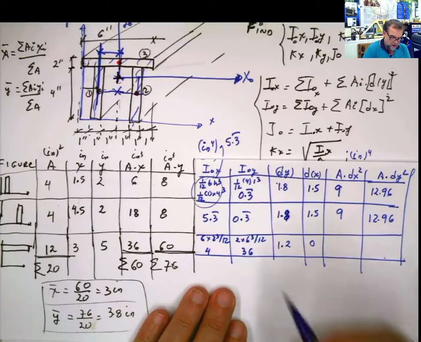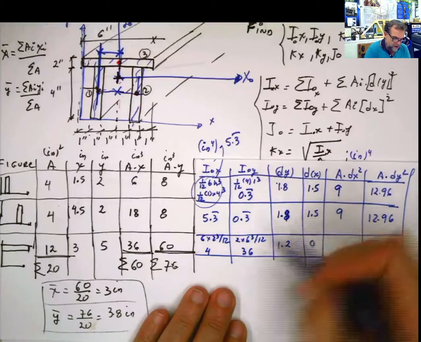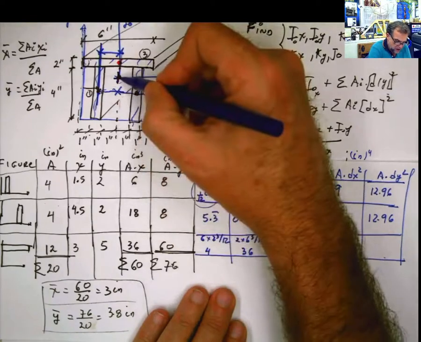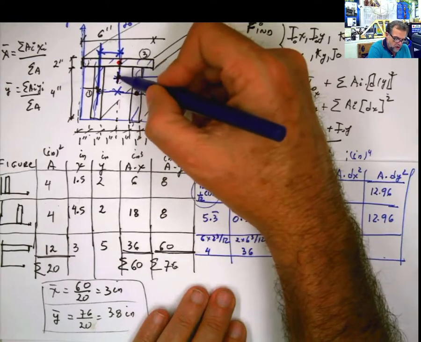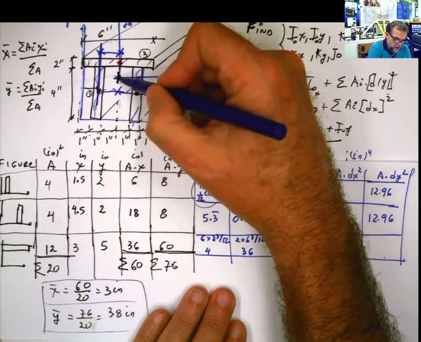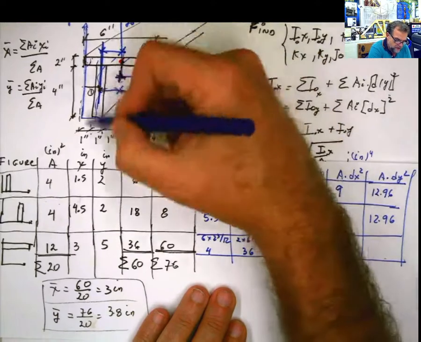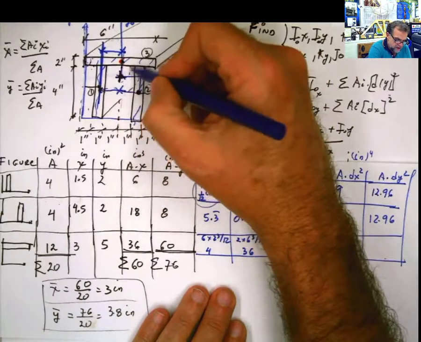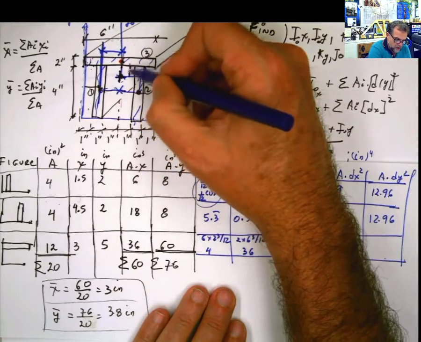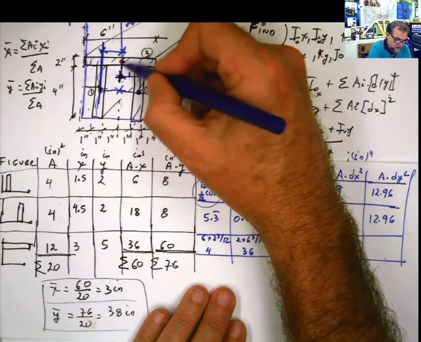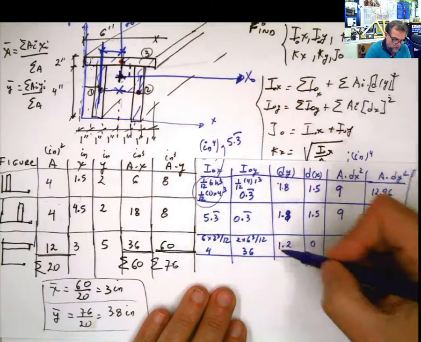Look, distance in y is the distance between the centroid of the composite figure and the centroid of figure 3. I know what this is. This is 3.8 up to here. That means that if this is 4, this little distance is 0.2. And this is 0.2, and this other one is 1, so it's going to be 1.2.